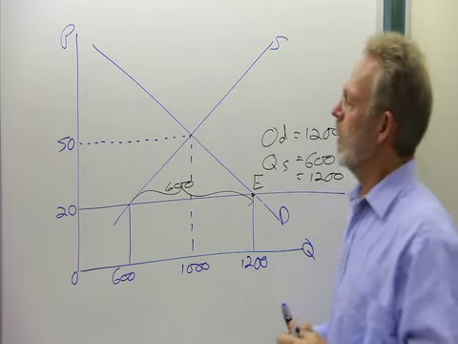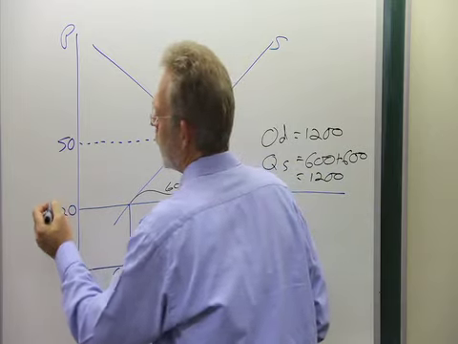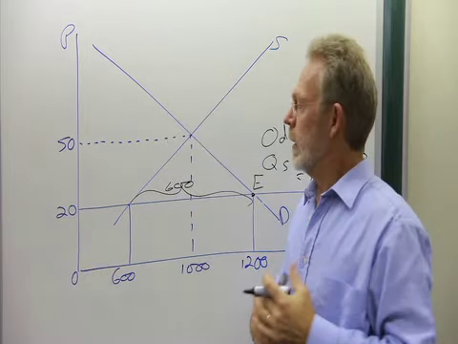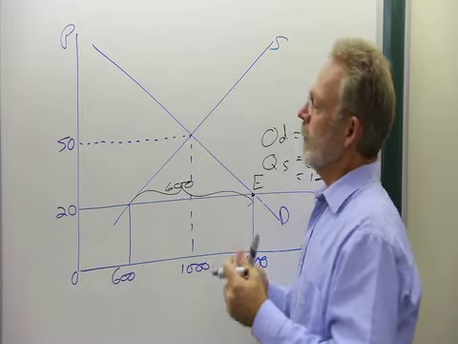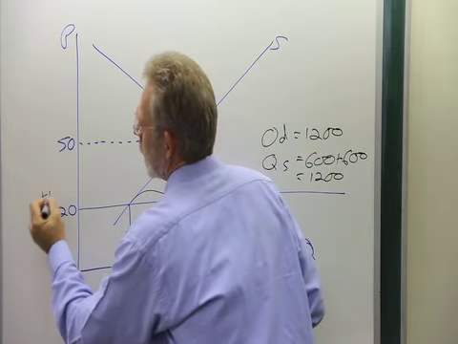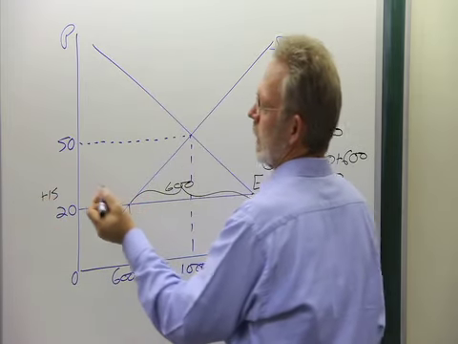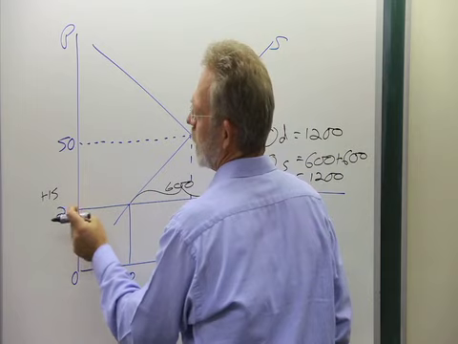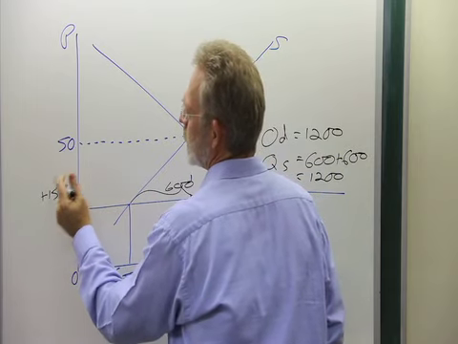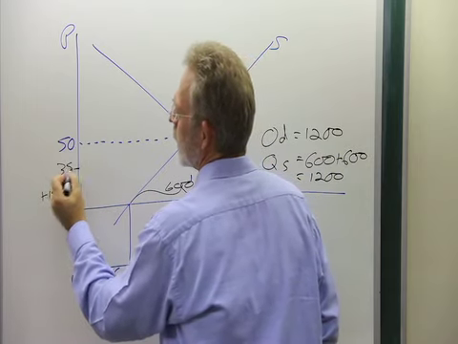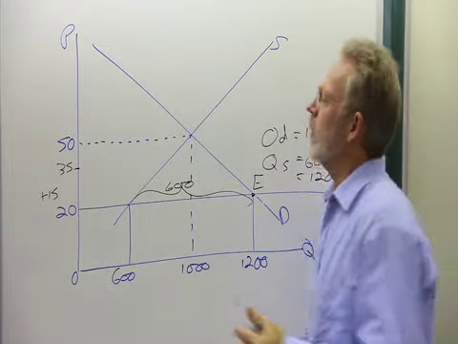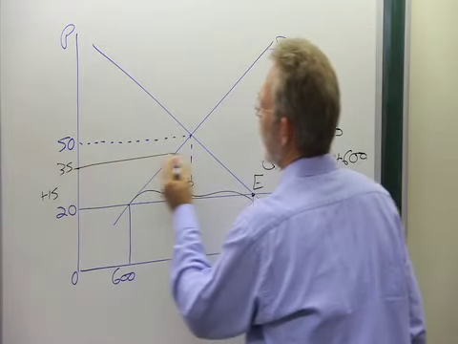And let's assume we introduce a tariff of 15 Rand on every t-shirt imported. So what in fact takes place is that government increases the price of imported t-shirts from 20 plus 15 to 35. So the new price of t-shirts is 35.